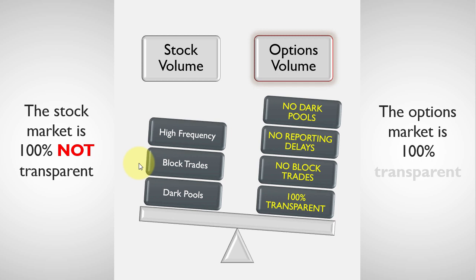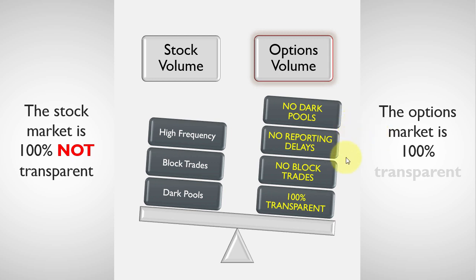Too late. Now, why we love options volume and why unusual options activity is such a buzzword, and you see all the gurus talking about it, but most get it just wrong, is because it's transparent. There are no dark pools, there are no reporting delays, there's no block trades.